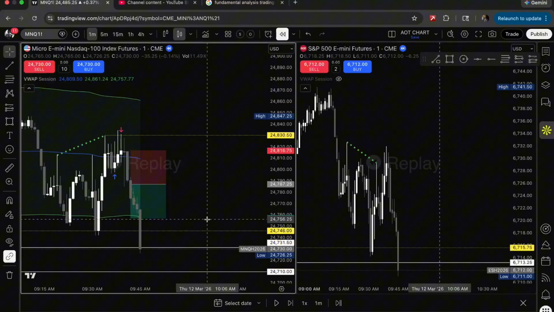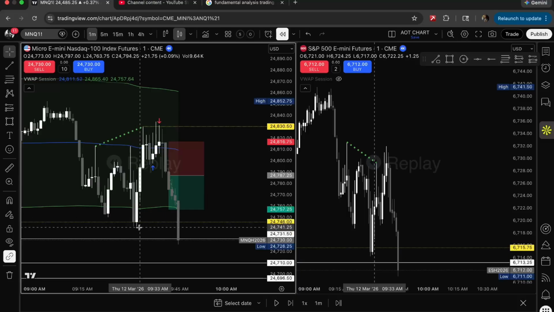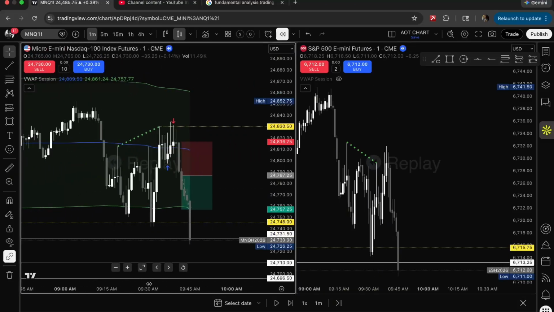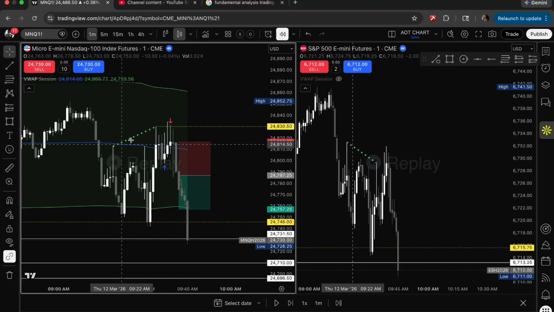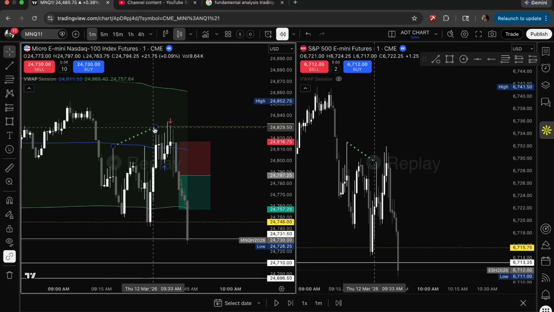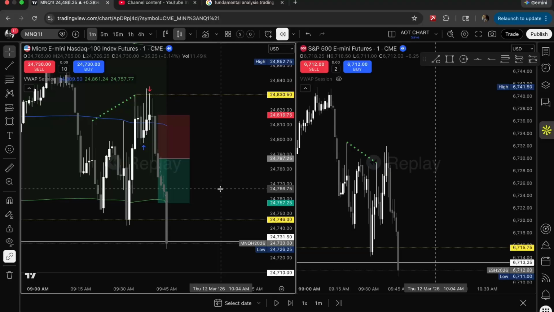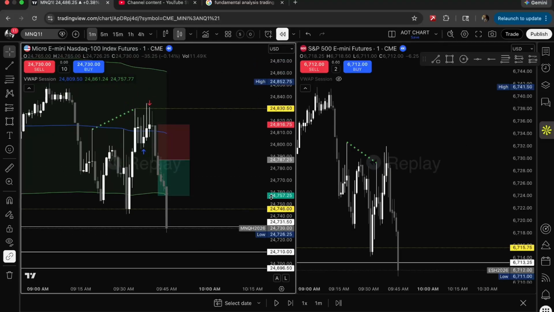Because we're still counting it from here, bro. Right now we're bullish. We want to see if we respect or disrespect this bearish SMT. So even if the SMT is put in, you still keep the count from the previous one.